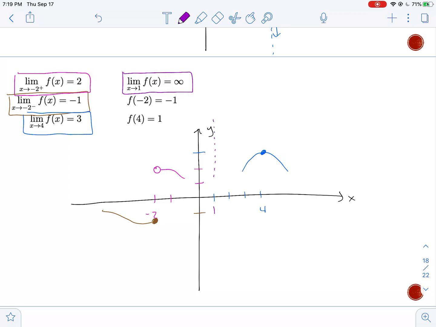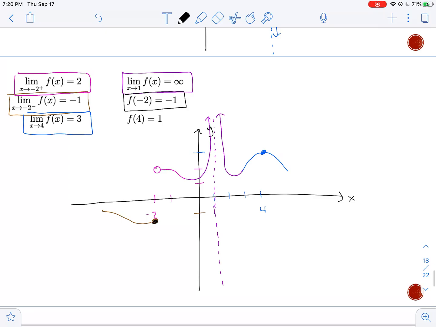So as I'm getting closer and closer to 1, both sides are shooting up to infinity. So remember, if in the middle of the graph it's shooting up to infinity or down to negative infinity, that means that I have a vertical asymptote. So on the left-hand side, I'm going to connect it to the pink one. It's going to shoot up to positive infinity. And then on the right-hand side, I'm going to connect it to the blue one, and this one's also shooting up to positive infinity. So as my graph is getting closer and closer to 1, on both sides it's shooting up to positive infinity. And now we've just got some random isolated points.